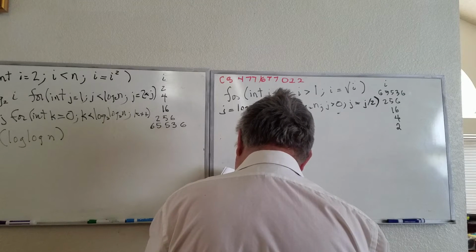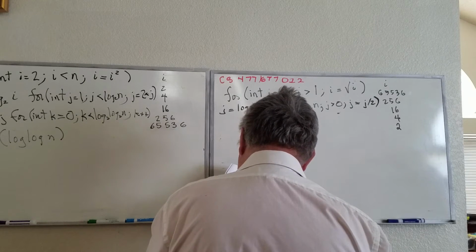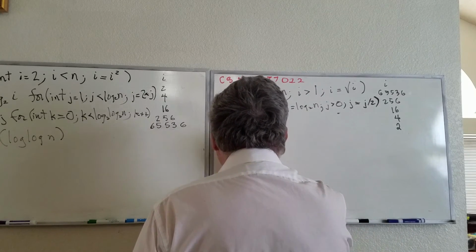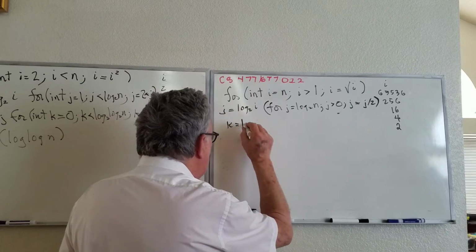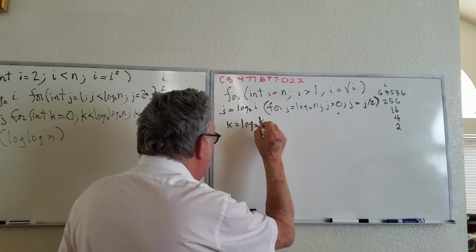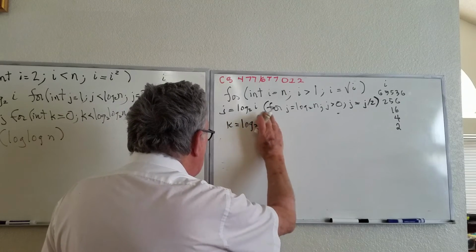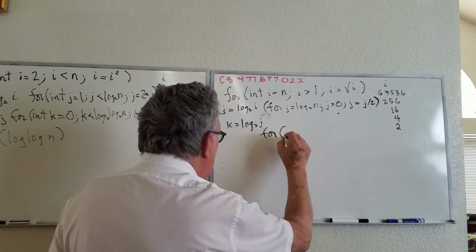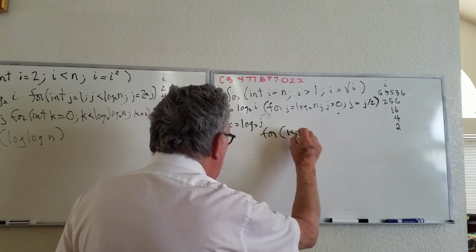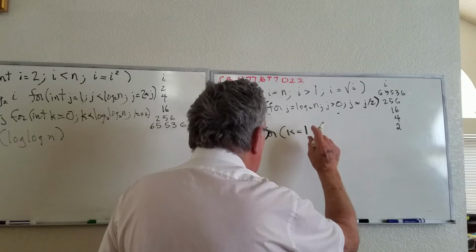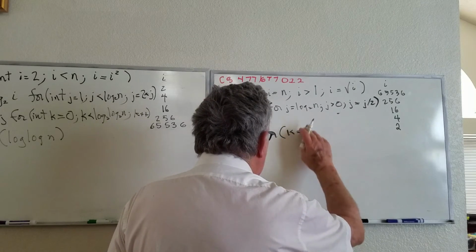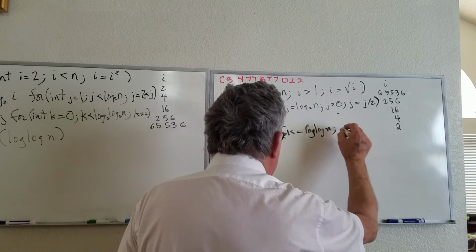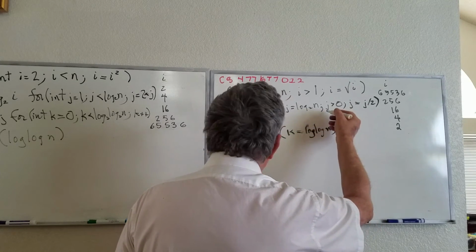All right. Now, we can make the same substitution we did from a previous problem. k equals base 2 logarithm of j. And then we could say for k equals log n, for k greater than, well, what's the log of 0?